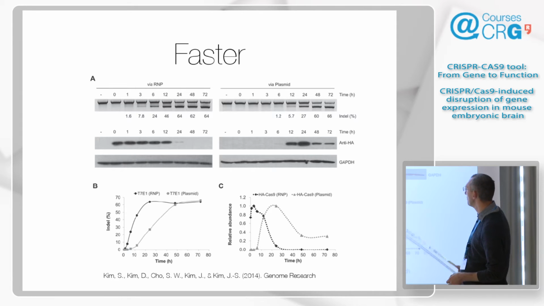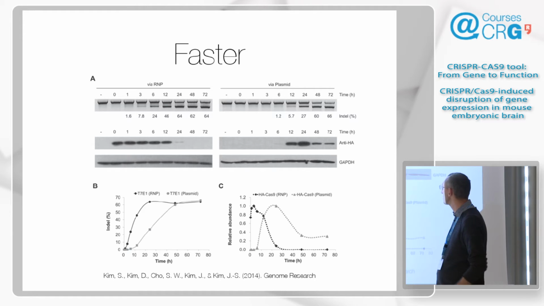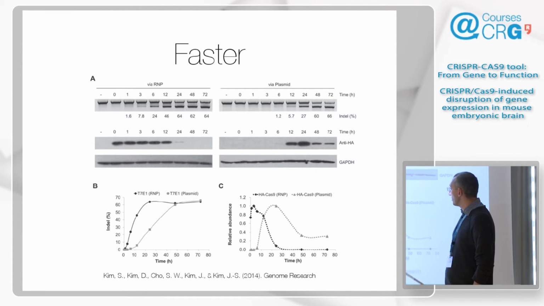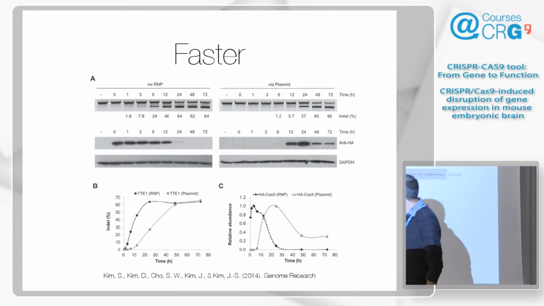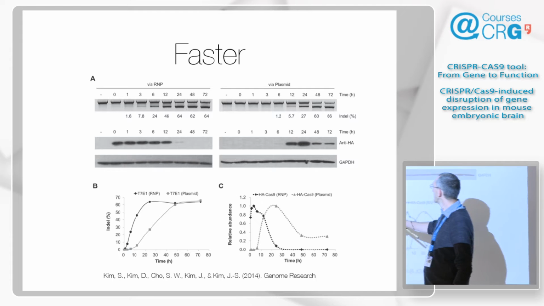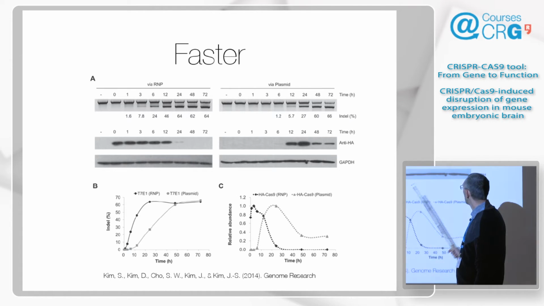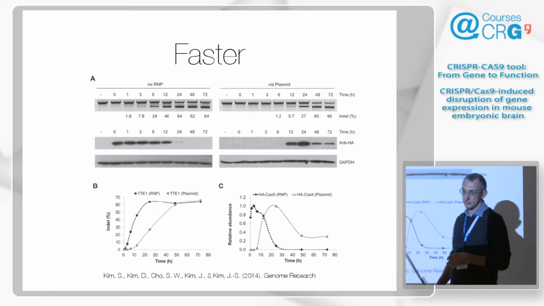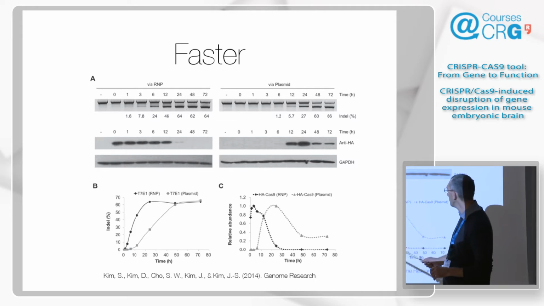In this example, from this crucial initial paper with the protein and guide, the left panel is protein. This band here is the HA western, as there's HA on the Cas9, so you see the amount of protein.